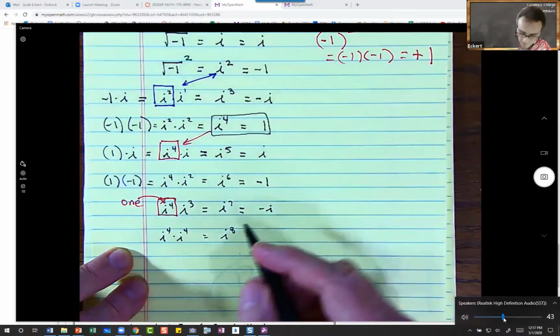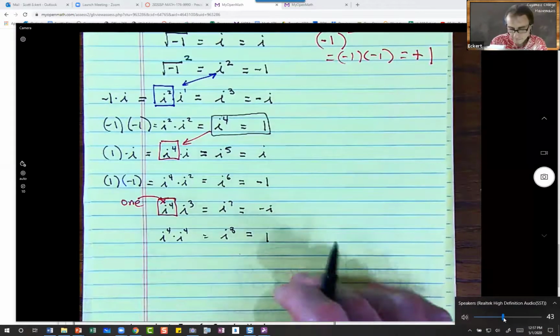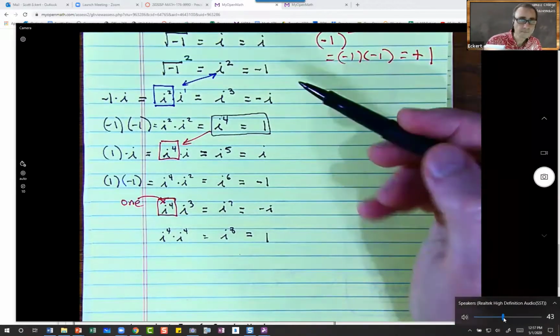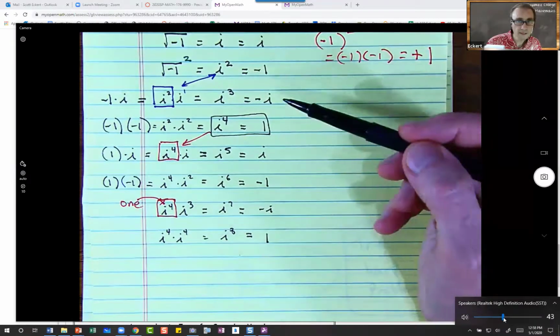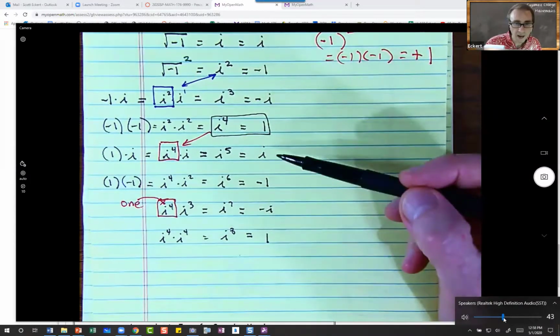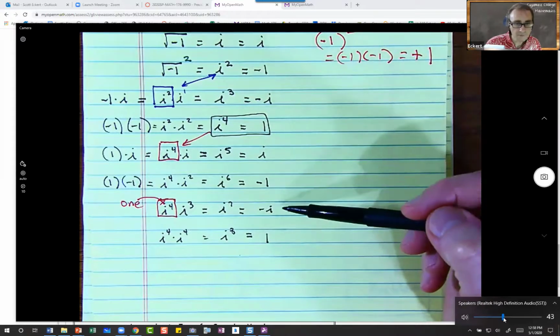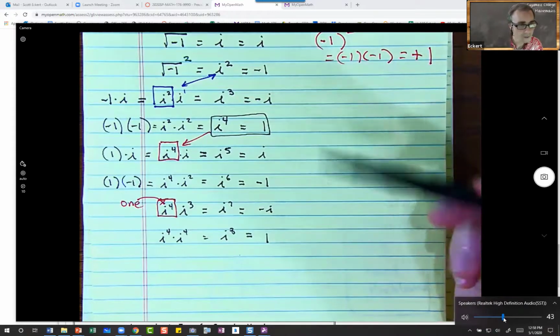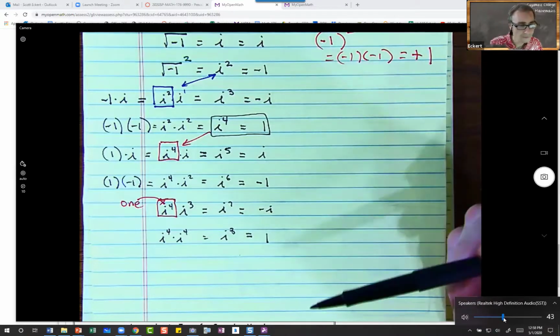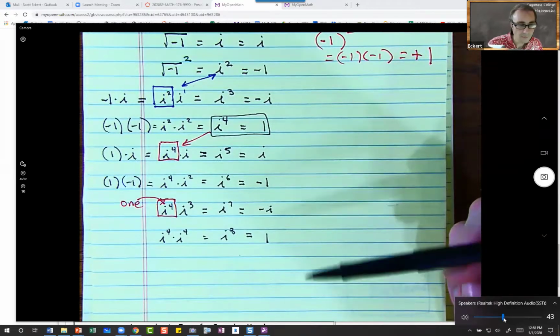So this is 1 times 1. This is 1. You see the pattern? i, -1, -i, +1. i, -1, -i, +1. These answers are going in a circle. They're coming back on each other.